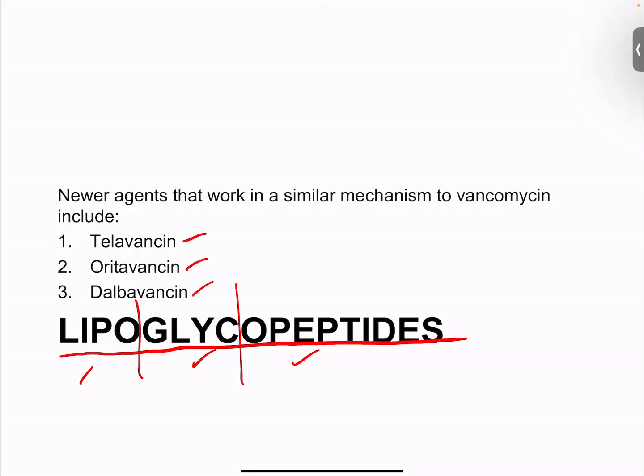Telavancin, oritavancin, and then dalbavancin are the lipoglycopeptides. And these are pretty amazing molecules in the sense that they've got these long half-lives necessitating only 1 or 2 doses, maybe on a weekly schedule. Dalbavancin every week. Oritavancin, just 1 dose? I mean, it's pretty remarkable.